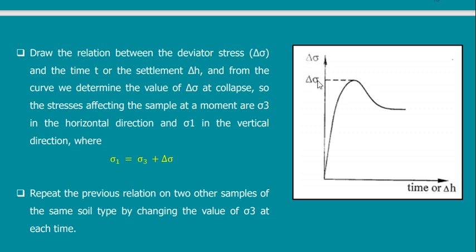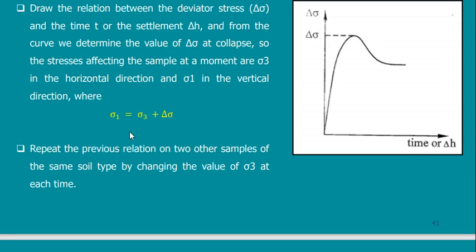Of course, I can determine it without the graph, just by following the test. Once I find that the stress started to decrease, it means that there is excessive settlement happening, and this is the stress that caused the failure.